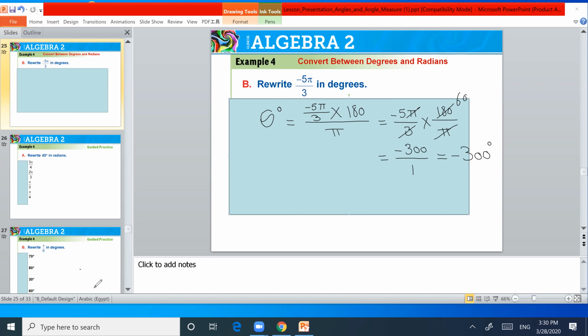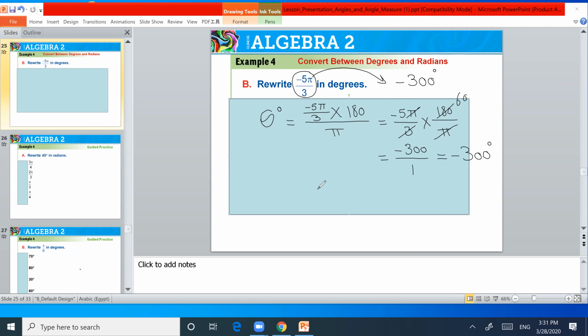So this angle, which is negative 5 pi over 3, if I want to change it into degree, it will be negative 300. Thanks, Khalid. Okay, so this is the answer of the second problem.